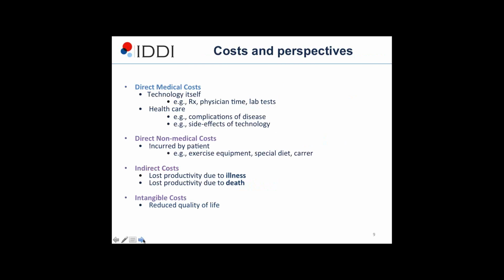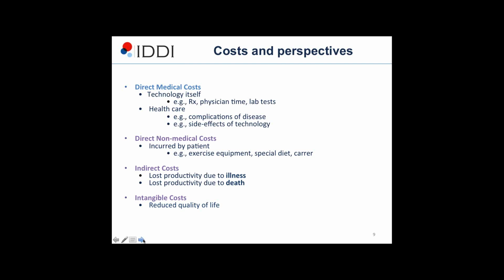Now, under the heading of costs, of course, there are many types of costs that we can collect within a clinical trial, and this is an attempt to try and summarize those. So basically, in short, there are direct medical costs, the cost of the technology itself, such as the drug, or if it's a medical device, the time of the physician in implanting that device.